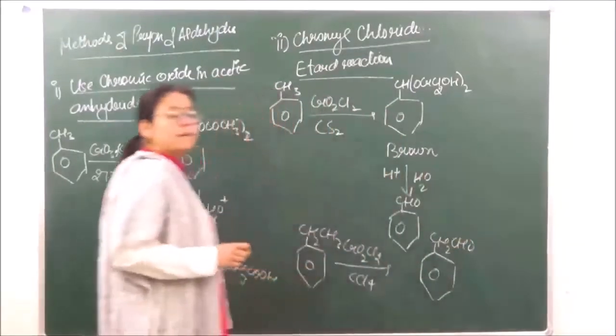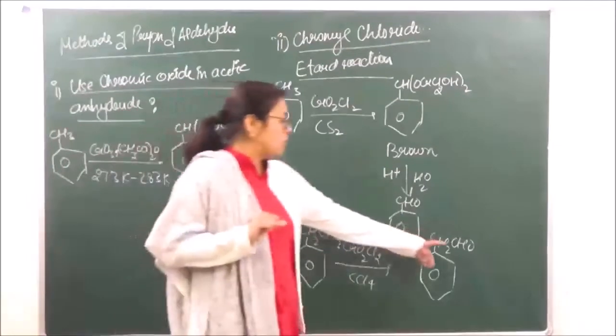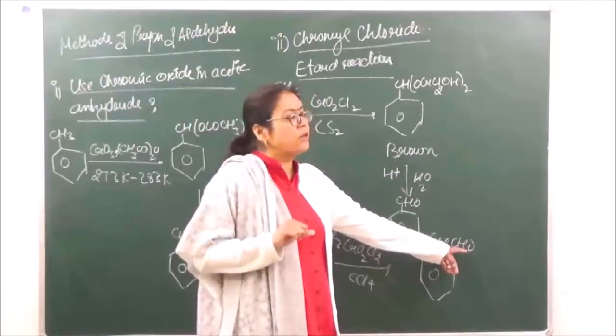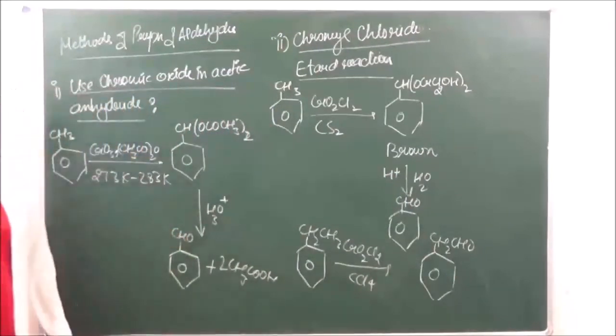It is the terminal carbon atom which is going to be converted into the respective aldehyde. So however long the chain is, it is always going to be the terminal carbon atom which is converted to CHO. Okay? Is it clear? So this is the reaction.